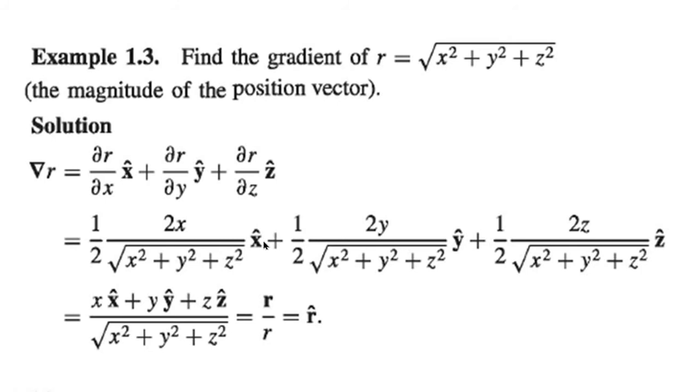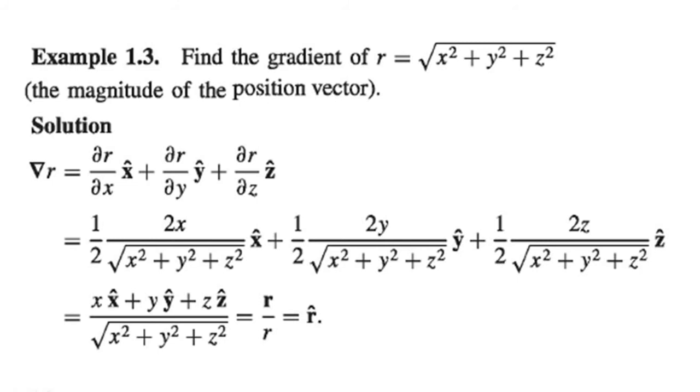Then into x cap plus we need to find dot by dot y of r. That is dot by dot y of root of x square plus y square plus z square. That's equal to 1 by 2 into root of x square plus y square plus z square into dot by dot y of x square equal to 0, dot by dot y of z square equal to 0, dot by dot y of y square equal to 2y, plus we need to find dot by dot z of this r.